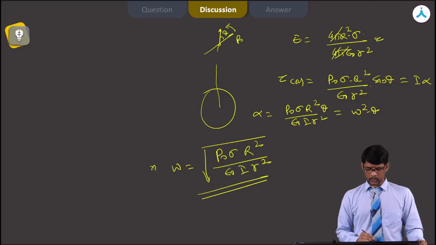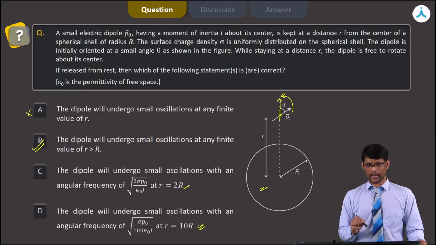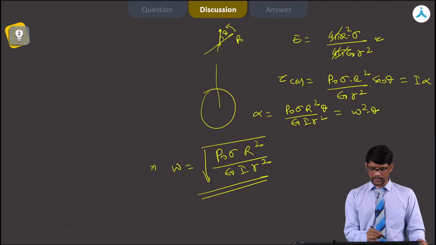Okay, here we shall see the options. Well, it is written in terms of r equal to twice of capital R, and here it is equal to 10 of capital R. That means if r is equal to some integral multiple of capital R, then our answer will have the format omega equal to square root of P naught sigma.